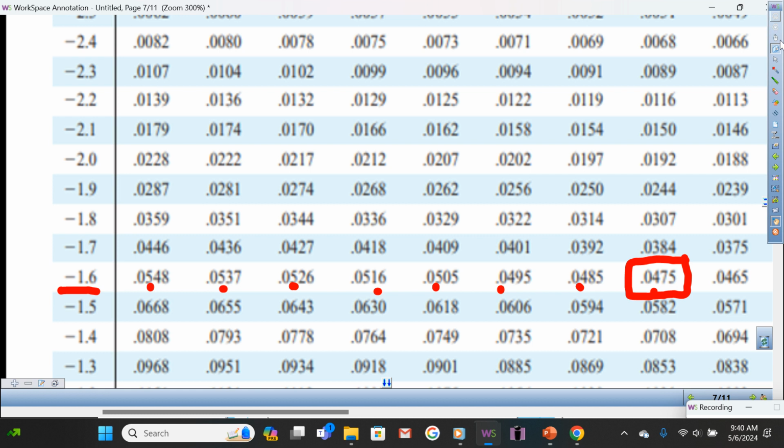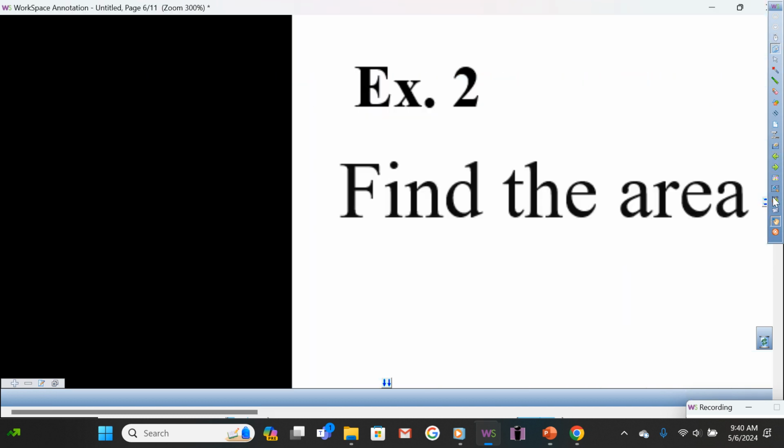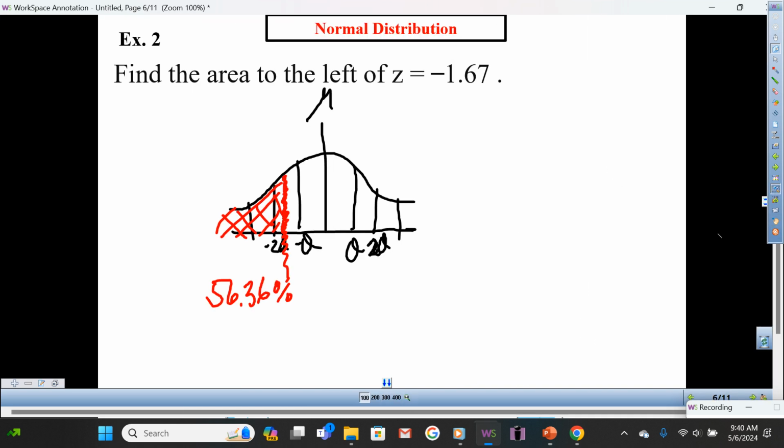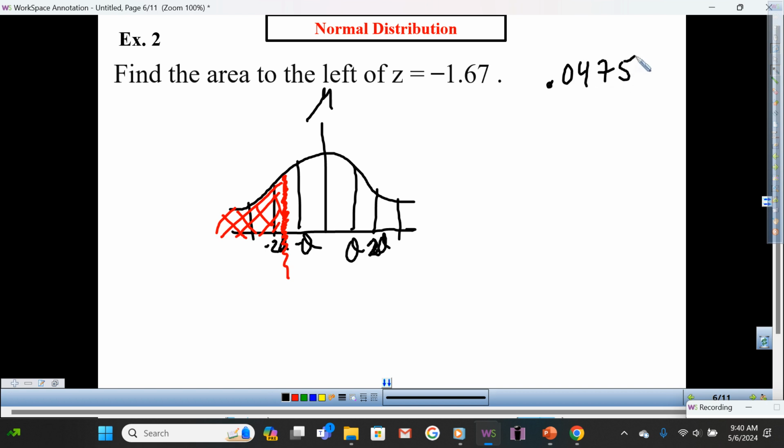So, going back to our problem, instead of 56.36, the decimal was what? 0.0475. So that means the percentage under the curve is 4.75%.